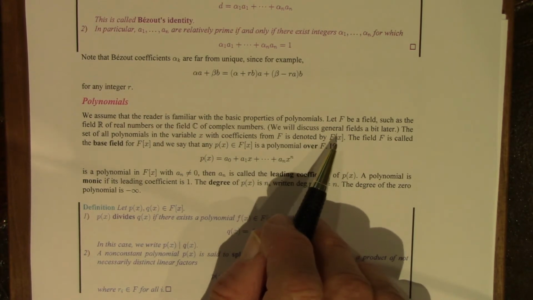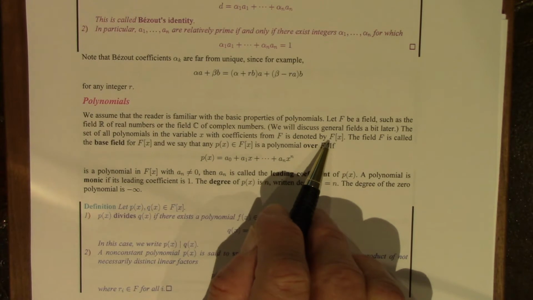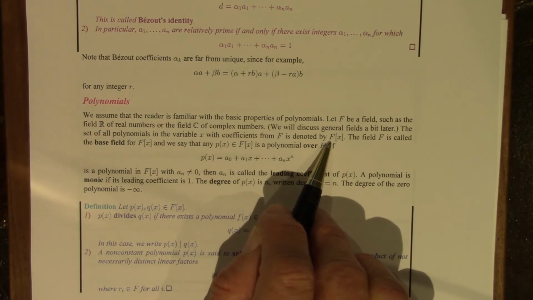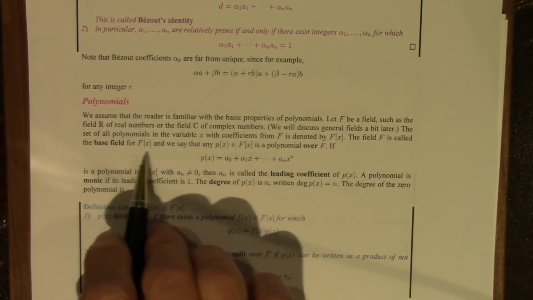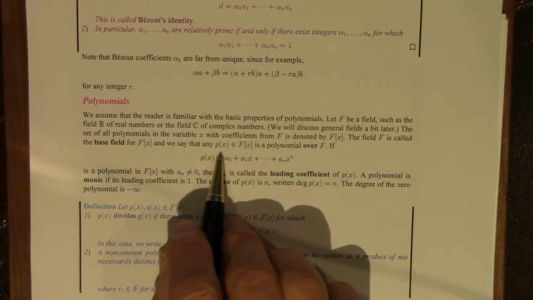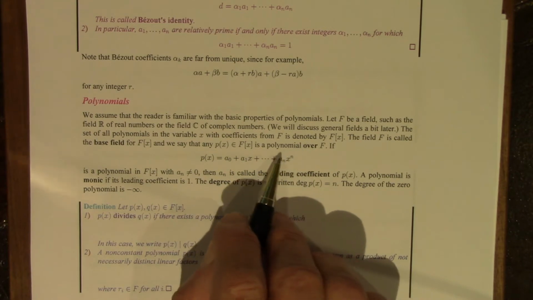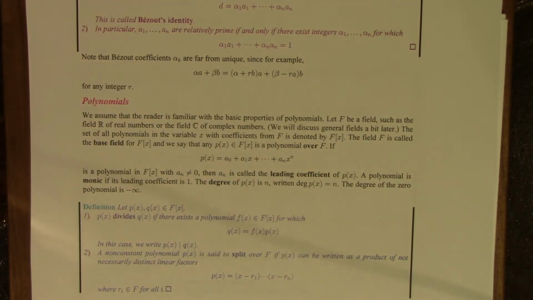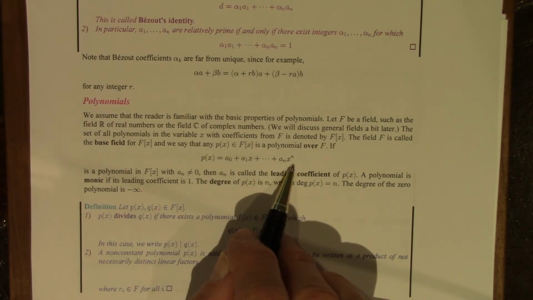The family of all polynomials in a variable x with coefficients in a field F will be denoted by F[x]. This is very common notation. F is called the base field, and a polynomial in F[x] is said to be a polynomial over F.